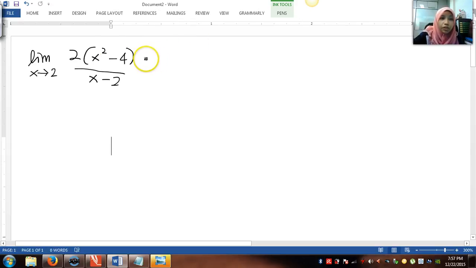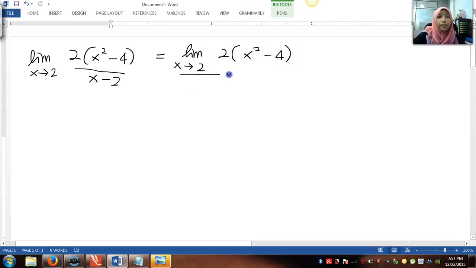First of all, we have the division here, a division of functions, so we separate the division. We have the limit as x approaches 2 of 2x squared minus 4 first, divided by the limit as x approaches 2 of x minus 2. Right? Alright, in here we have 2, which is a constant k, times the function.